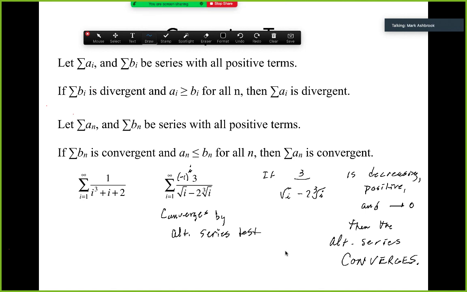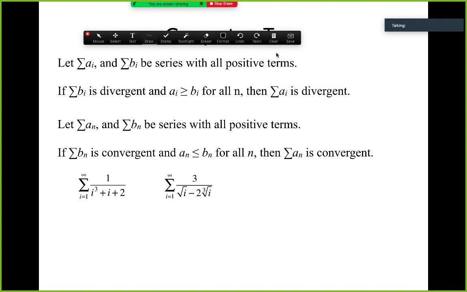Okay. Any other questions about that one? I have one question. Why is it that you say it has to be positive? What does that mean? It's just part of the test that the non-alternating part is positive and going to 0. All those terms are positive.